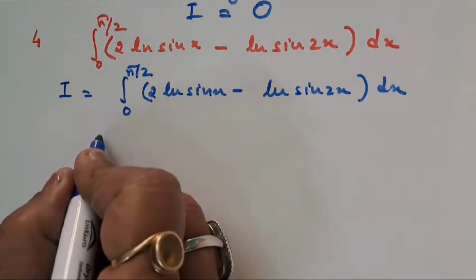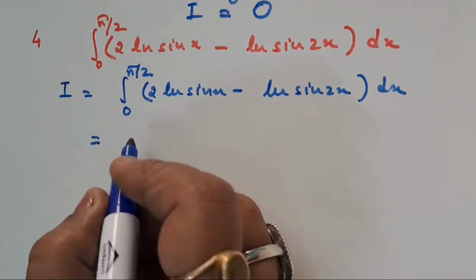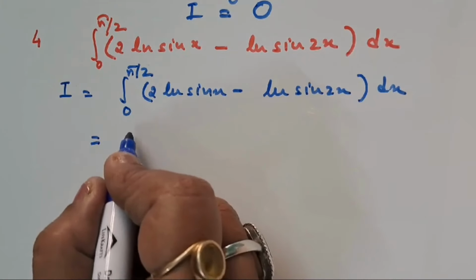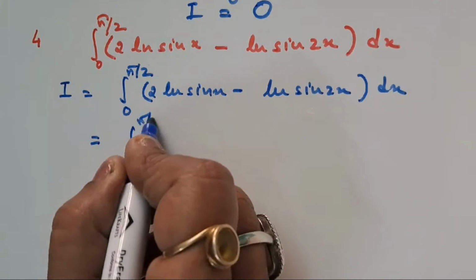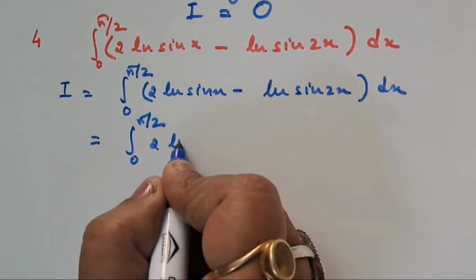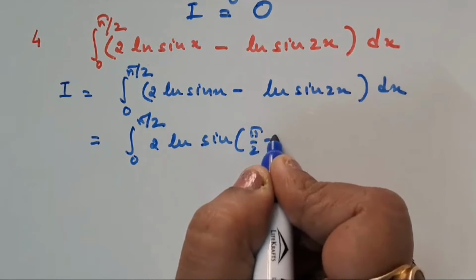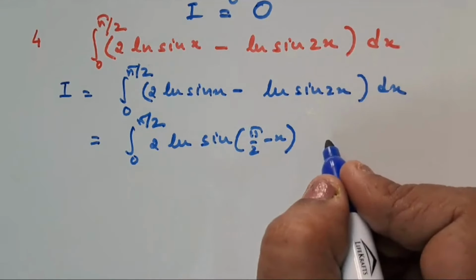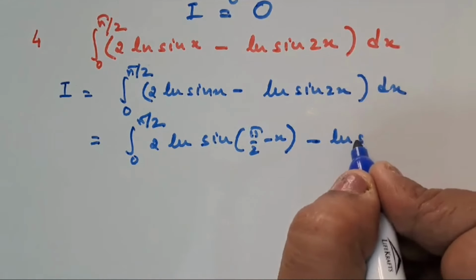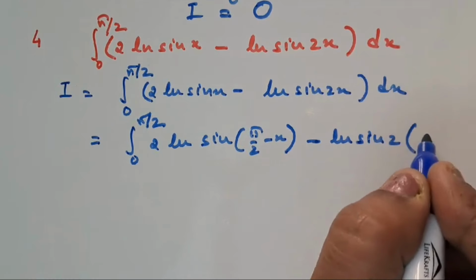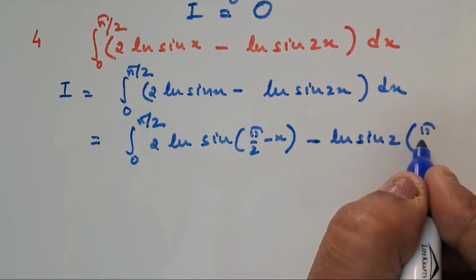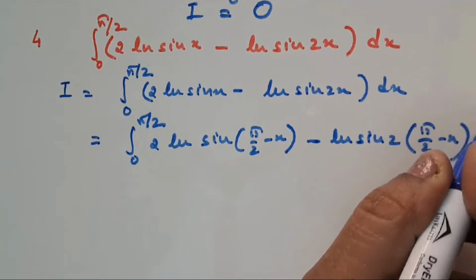Now if I use the previous property, that is 0 to a f(x) dx is 0 to a f(a minus x) dx, here we will write ln of sin of (pi by 2 minus x) minus ln of sin of 2 into (pi by 2 minus x) dx.